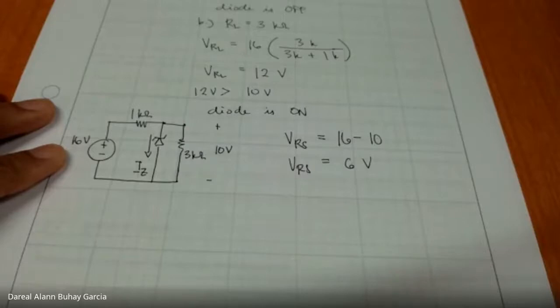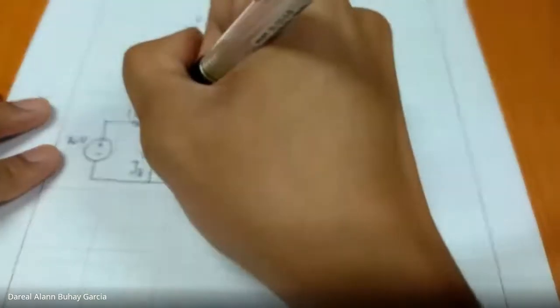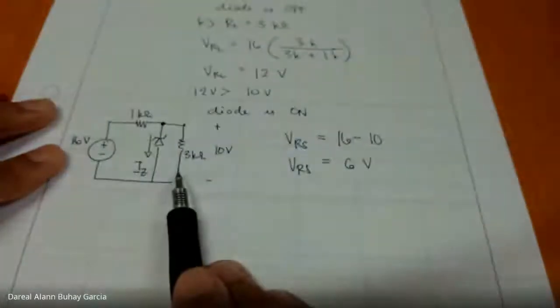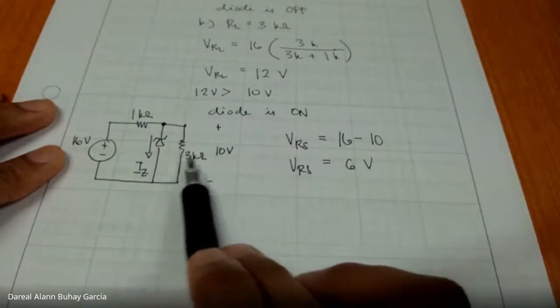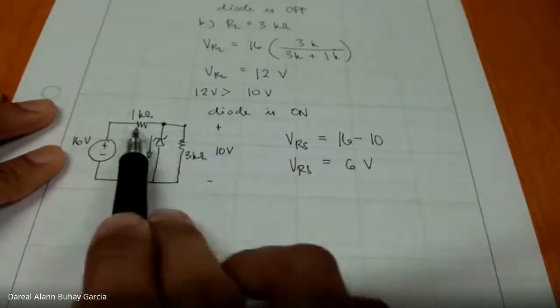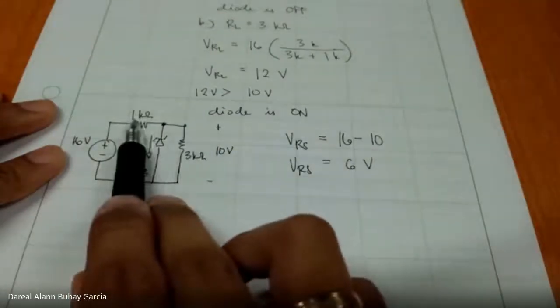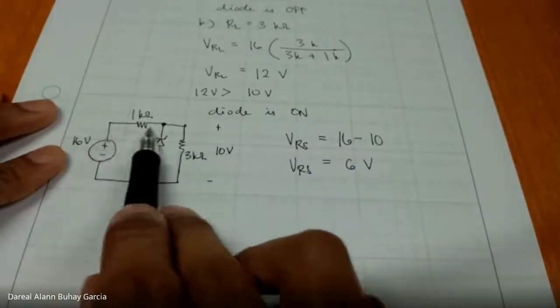No? So how do we obtain current IZ? Naman tayo voltage drop sa R2? Naman tayo value ni R2. Paano to yung current? Naman tayo voltage drop ni R1. Paano po na to yung current? No? So, pang-solve na to.